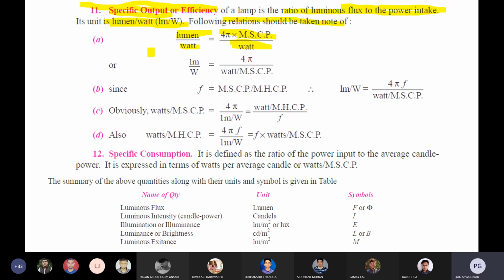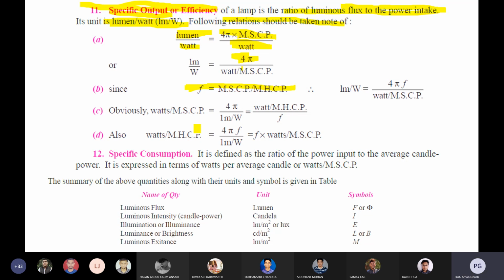Your MSCP means the ratio between MSCP and MHCP. So directly you can get the formulas from different steps.